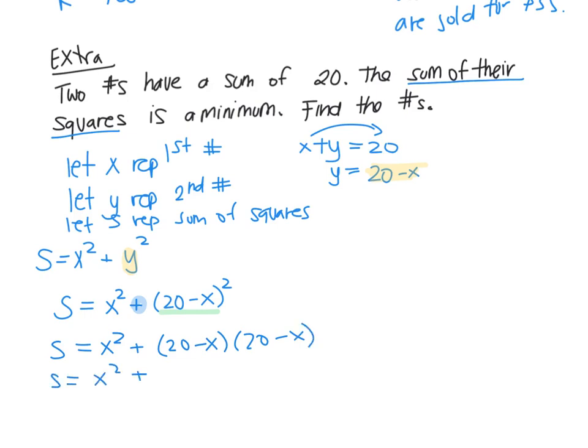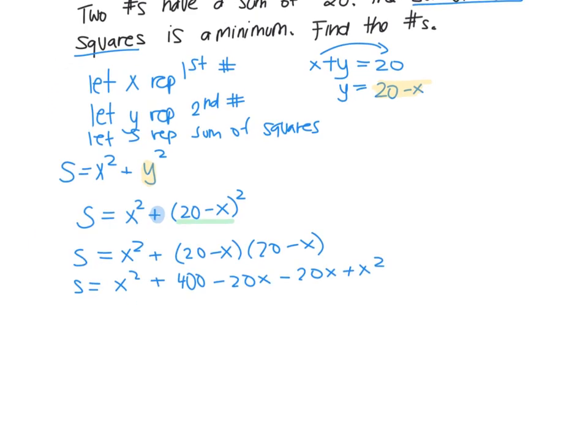So 20 times 20 is 400. 20 times x, negative x times 20, and negative x times negative x is going to be positive x squared. And now I'm just going to collect my like terms to get it into standard form. So I have 2x squared. The negative 20x with the negative 20x is negative 40x, and then that constant of 400.